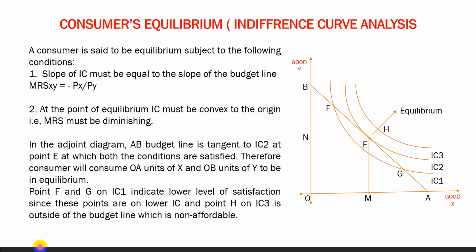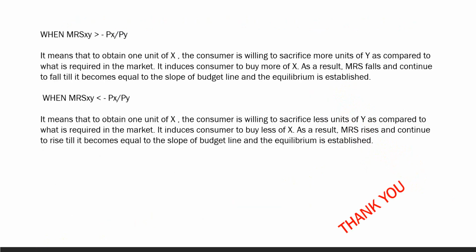Now see what happens when MRS XY is greater than the slope of the budget line. It means that to obtain 1 unit of good X, the consumer is willing to sacrifice more units of good Y as compared to what is required in the market.